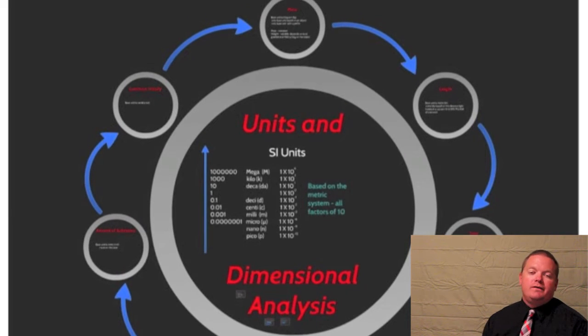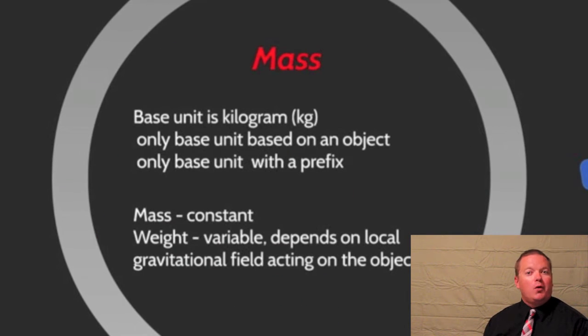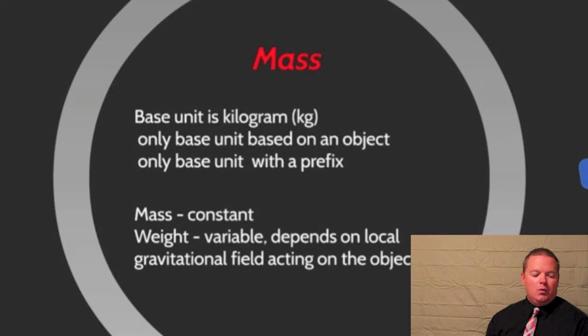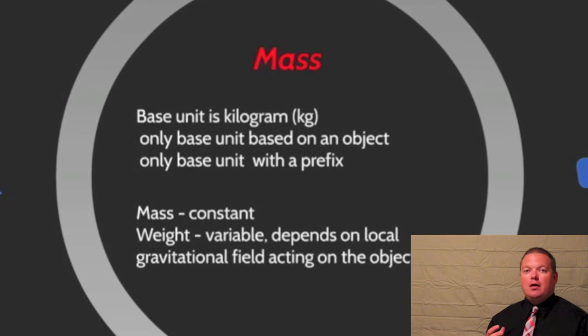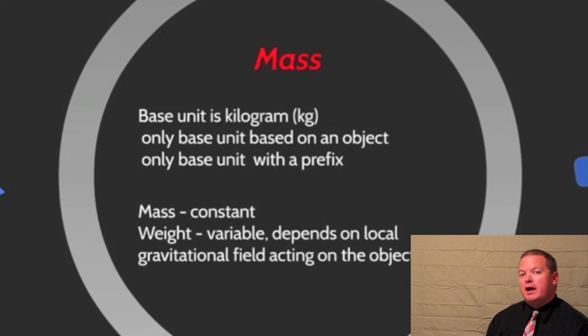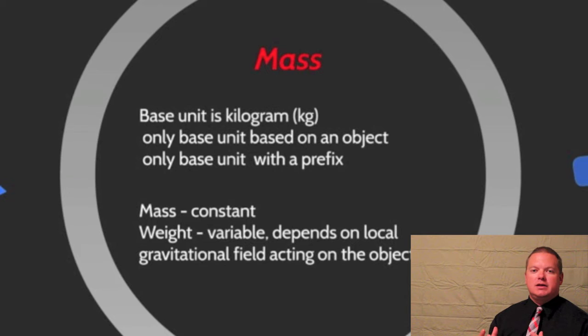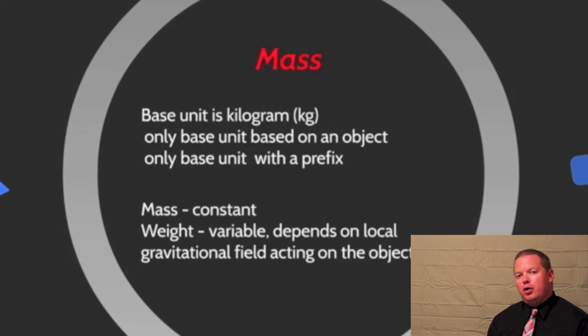So the first one of these 7 SI units is for mass. The base unit for mass is the kilogram. A couple notes about mass. We've already talked about the difference between mass and weight in class, where mass is a constant amount and weight is variable depending on the amount of gravity pulling on it.